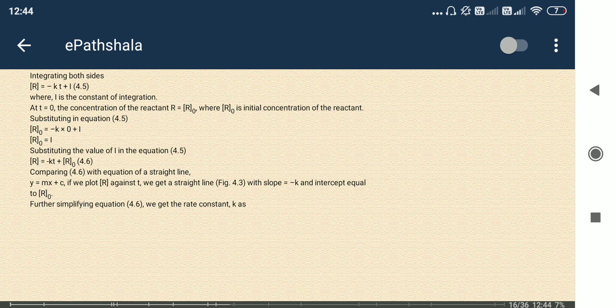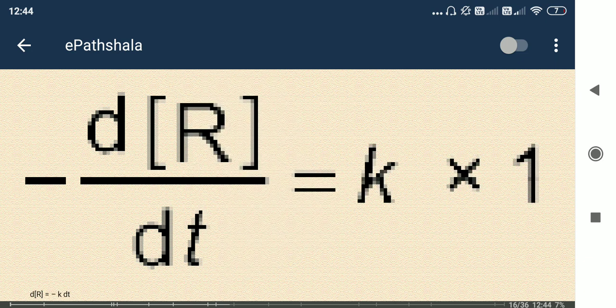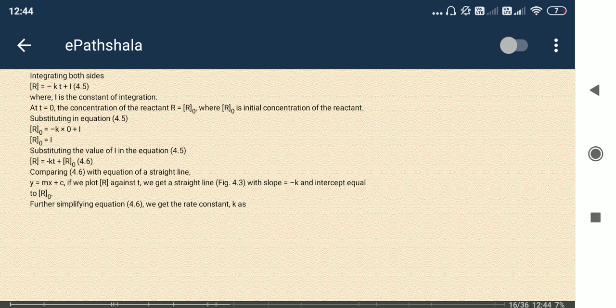After integration, this is a simple integration, the change in reactant concentration is equal to -kt. So ultimately [R] = [R]0 - kt, where [R] is the final concentration, [R]0 is the initial concentration, and t is the time taken.